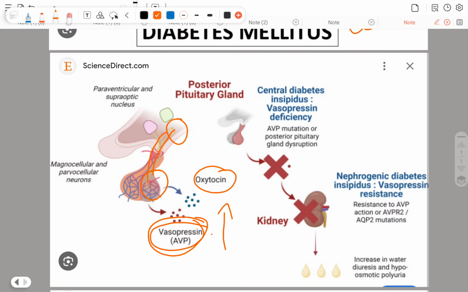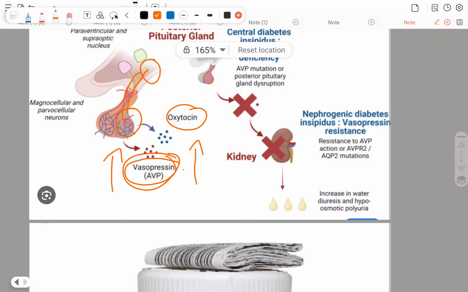You know, the hypothalamus is the center of thirst. When the patient feels a necessity for water, the hypothalamus will be excited and the amount of vasopressin will be elevated in the bloodstream, and it goes to the kidney and reabsorbs the water to the bloodstream.